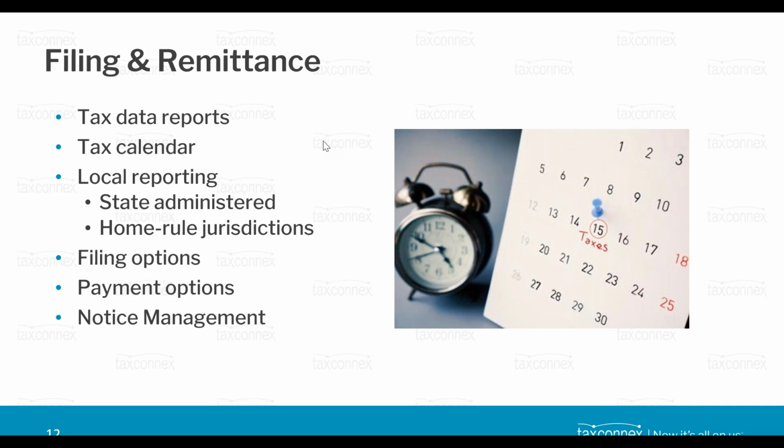This is just a restatement that you've potentially got both a state level reporting requirement as well as a local reporting requirement. Again, those should be part of your tax calendar. If you've got some cities you're registered in, those should be treated similarly to a state. Your filing options, there's a number of different ways to go about reporting.